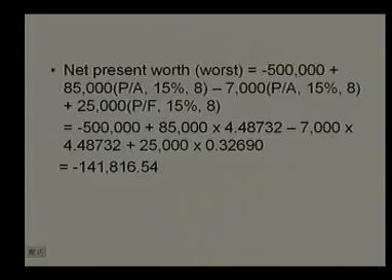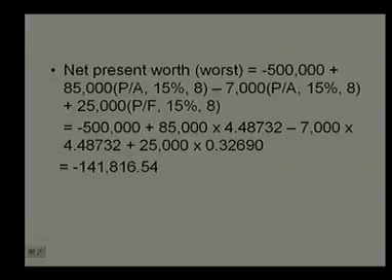So, it would be equal to minus 500,000 plus 85,000 multiplied by P given A at an interest rate of 15% for a period of 8, minus 7,000 multiplied by P given A 15% for a period of 8, plus 25,000 multiplied by P given F at an interest rate of 15% for a period of 8 years.